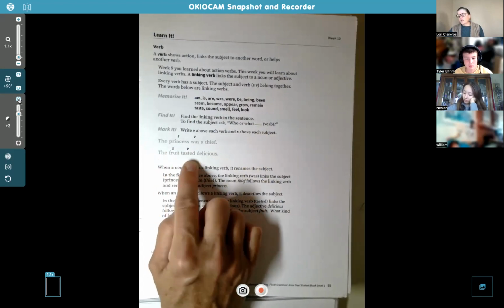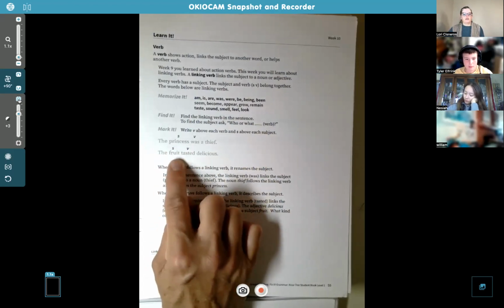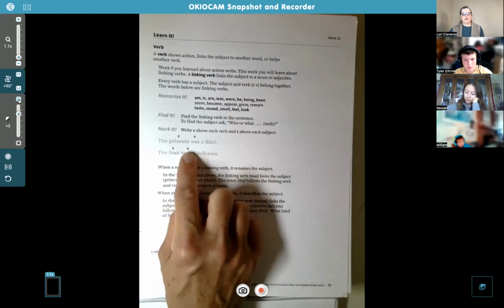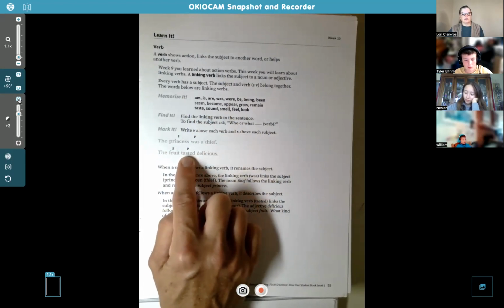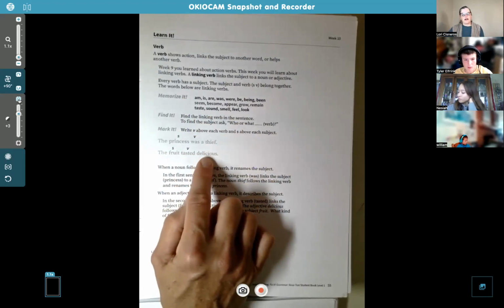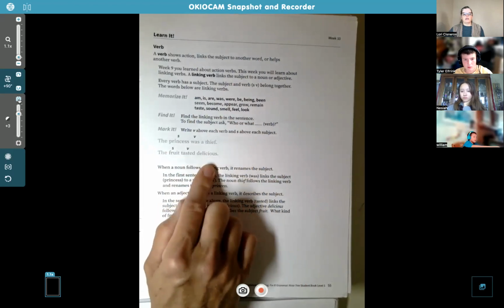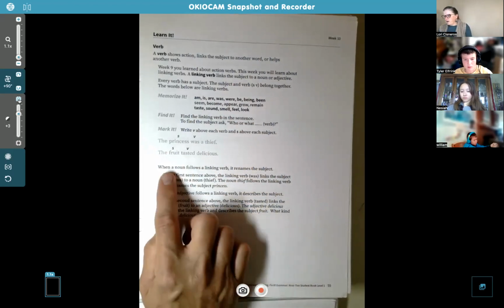The fruit tasted delicious. So we're talking about the fruit, that's the subject, and then how it tasted. Remember, that's one of the linking verbs for the 5 senses. And then delicious is the adjective describing the fruit. So that linking verb connects other words in the sentence, okay? That's what you just need to remember.